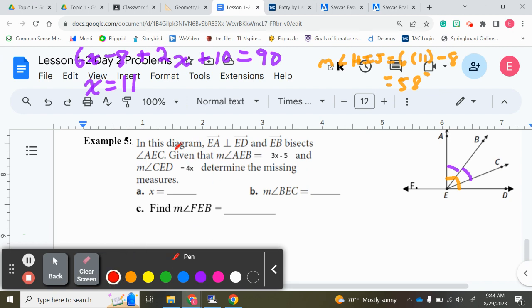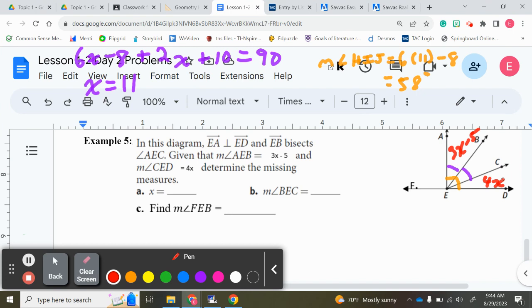Now they're stating, given that the measure of AEB is 3x minus 5 and CED is 4x, determine the missing measures. So the first thing they want us to do is find x. What am I missing here to find x?